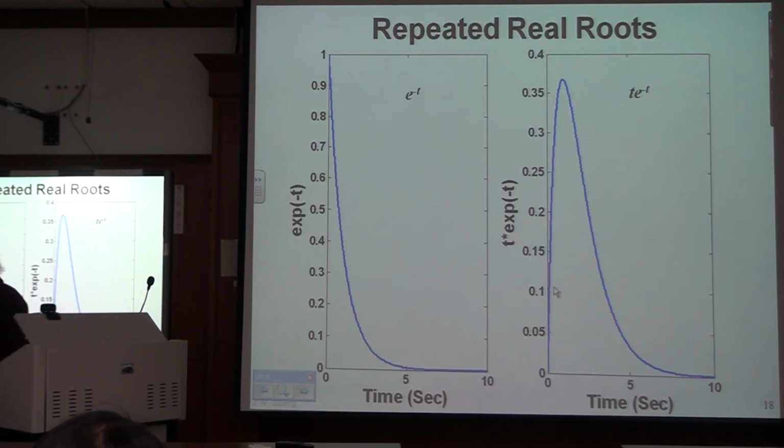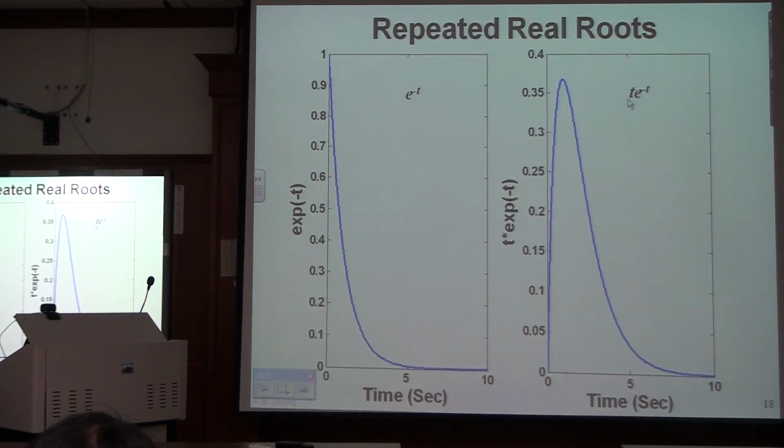That's repeated roots. For the e minus t term, because there's no cosine and no sine, it goes down, shoot, down. Now, the next term, you have e minus t, not cosine and sine, but you have a t in front of e minus t.